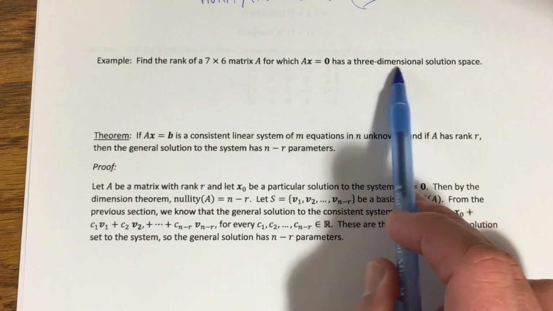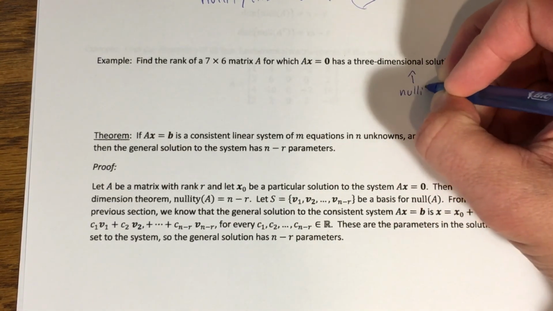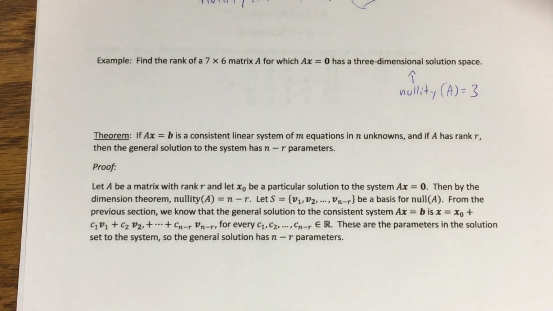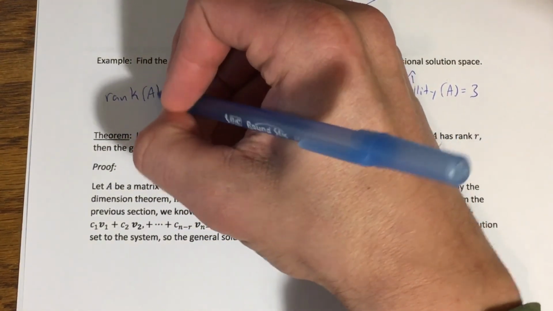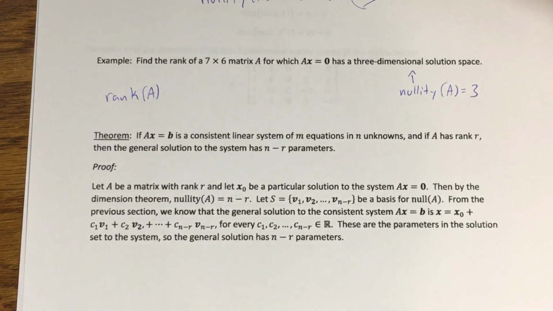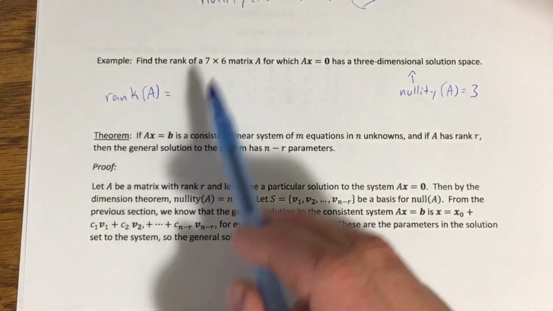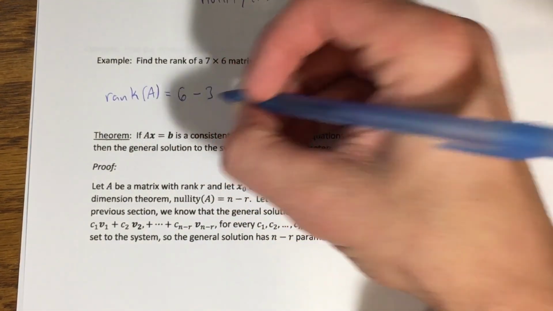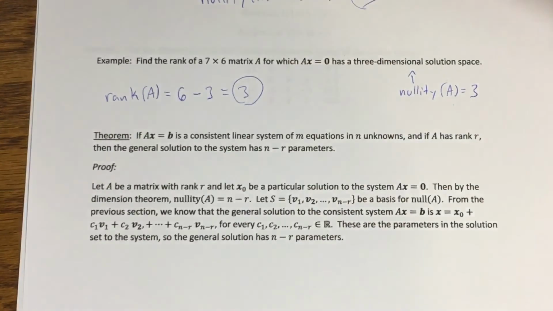So to say that we have a 3-dimensional solution space means that the nullity of A equals 3. If I want the rank of A, then according to my dimension theorem, I just want the nullity and the rank to add up to 6, that's the number of columns. So 6 minus the 3 that I have for my nullity says that my rank would also be 3. Really useful theorem.